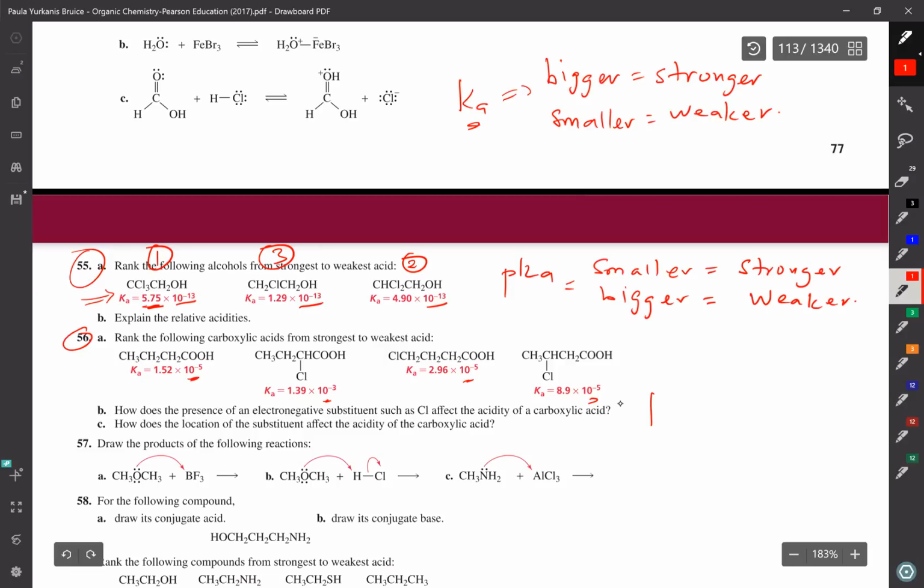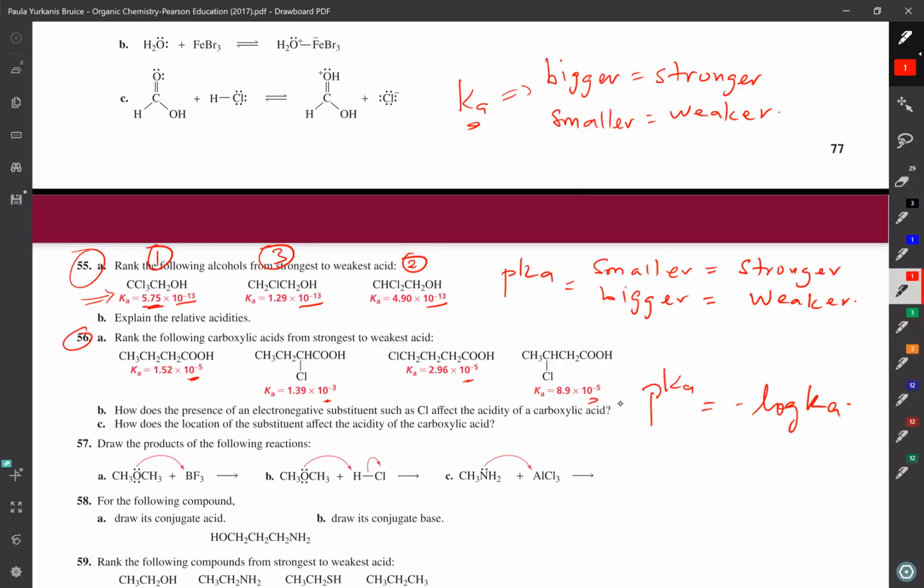And so the pKa of any number is given by the negative log of the Ka. That's what the pKa is. So you might now use your calculator and take the negative log of each of those numbers.